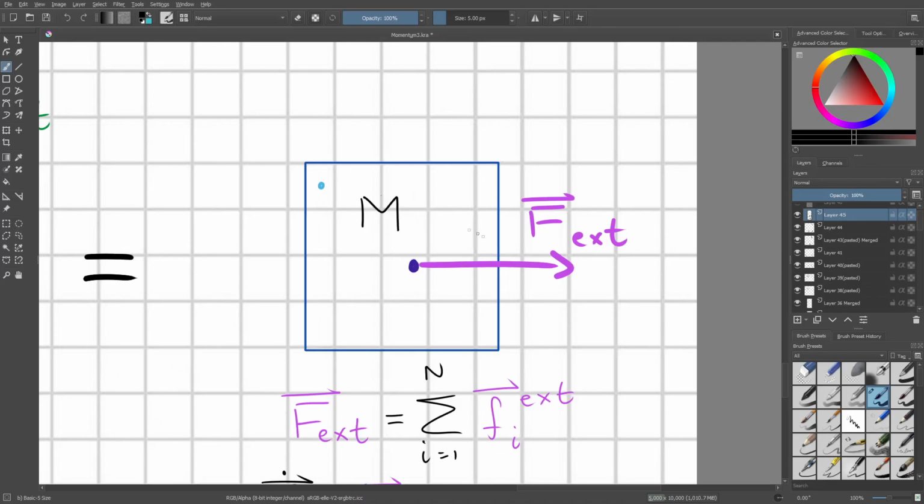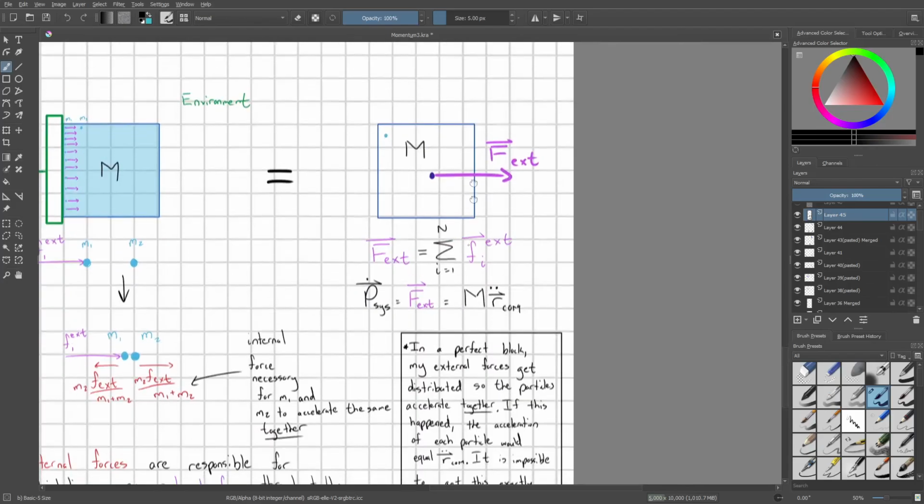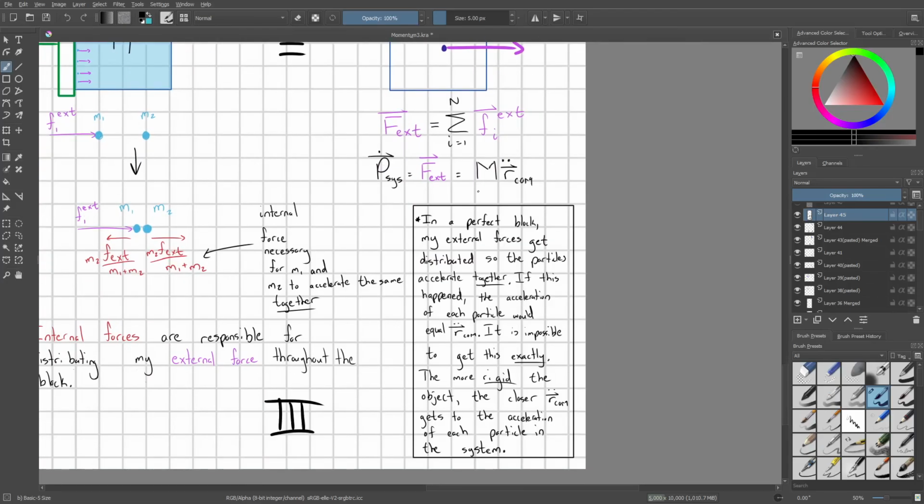But if the object is very rigid, each of their accelerations will be very similar to the acceleration of your center of mass. I hope that last point makes a lot of sense, and I hope that it shows that the center of mass really is a simplification of a complicated problem.